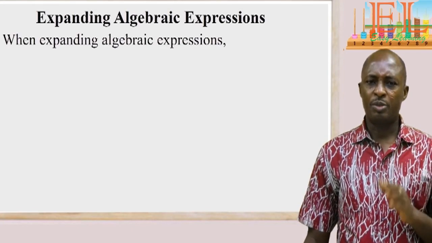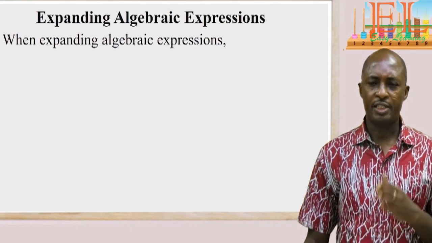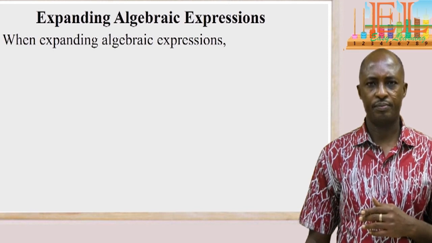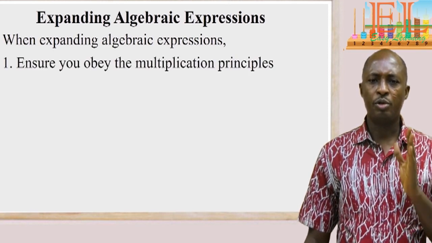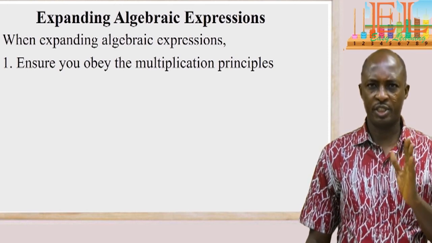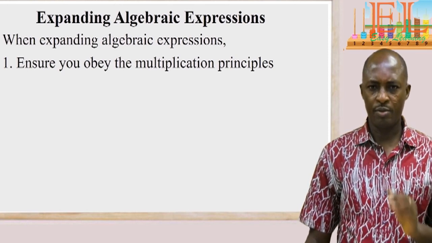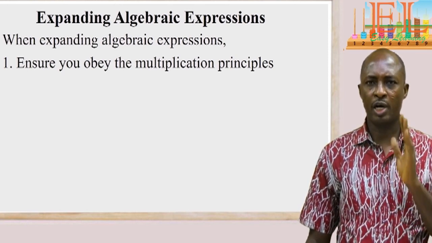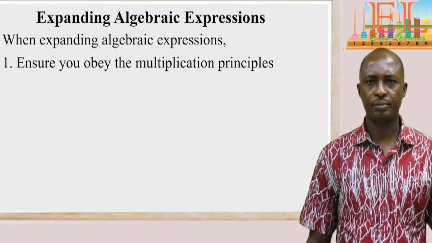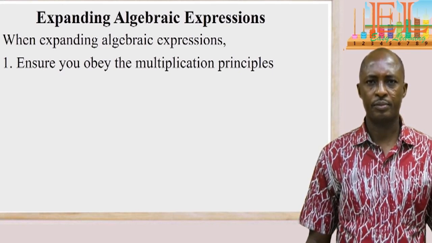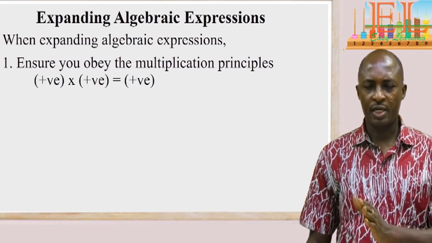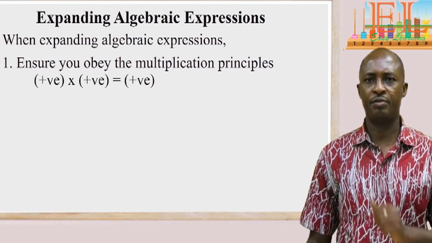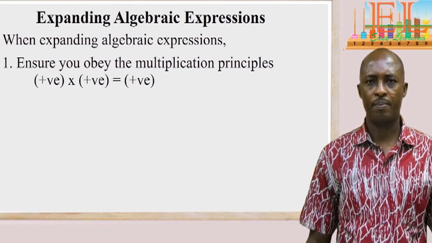When expanding algebraic expressions, there are some few things you need to take note of. Ensure you obey the multiplication principles. And remember, these principles also apply to division. A positive number times a positive number should always give us a positive number.